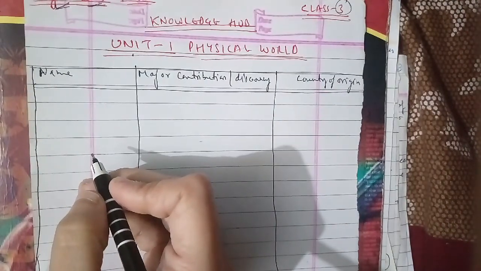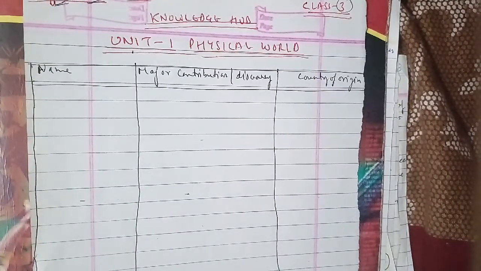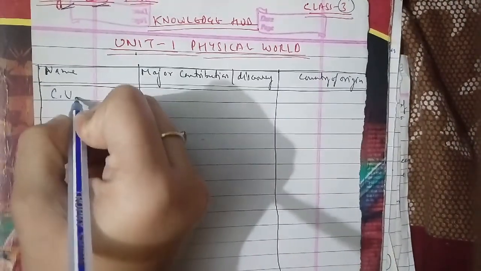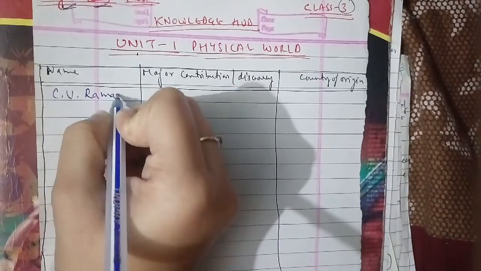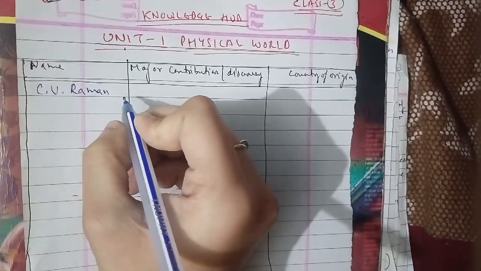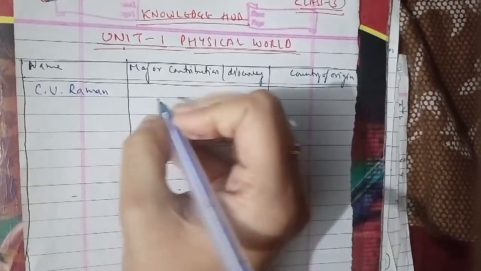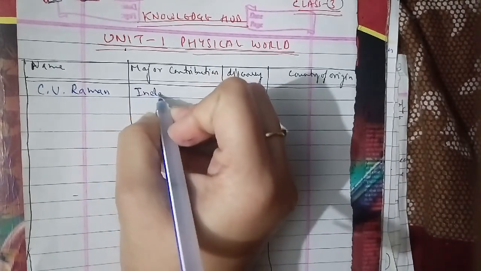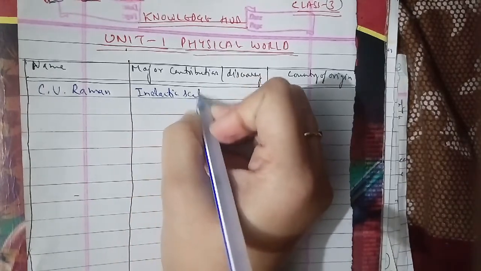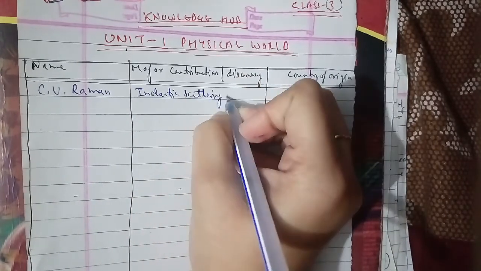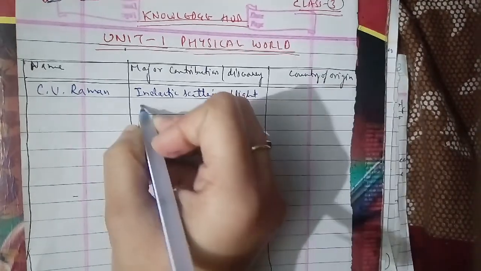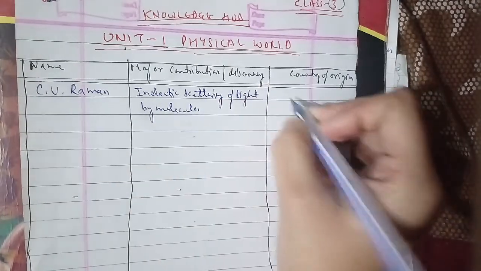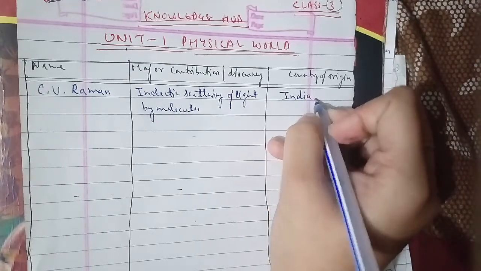If you have not visited it, you can go ahead. Now we talk about the others, starting from C.V. Raman. His major contribution and discovery is the inelastic scattering of light by molecules, and the country of origin is India.